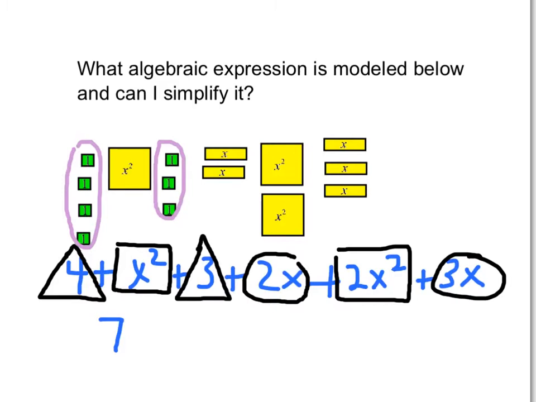Then I have x squared and x squared and 2x squared, so that's going to be plus 3x squared. We can see that above because this x squared goes with these 2x squared. So there's your 3x squared.